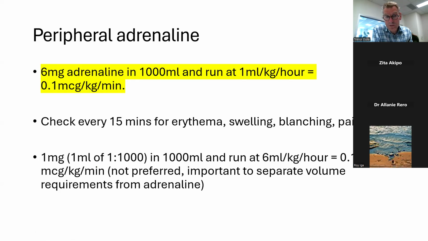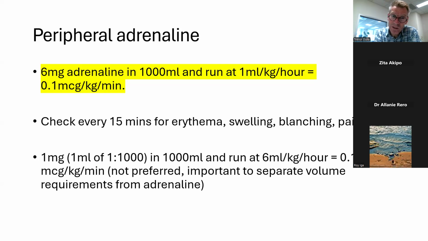You put 6 milligrams of adrenaline, that's 6 vials of adrenaline, in 1 liter of fluid. Usually you'd use normal saline. And you run it at 1 mil per kilogram of the child's body weight per hour. So if a child weighs 12 kilos, you run it at 12 mils an hour.